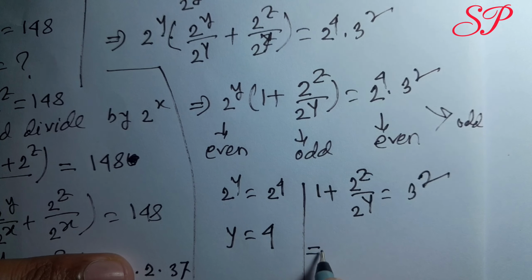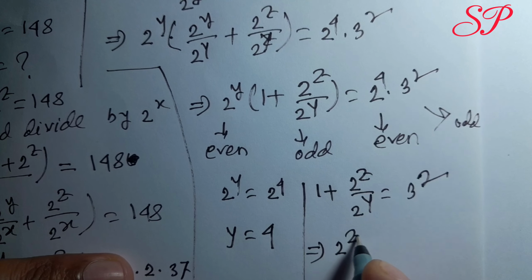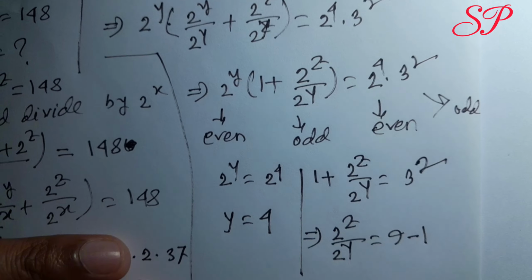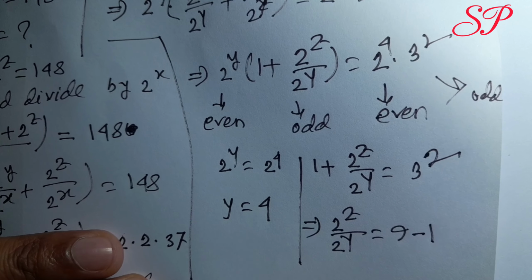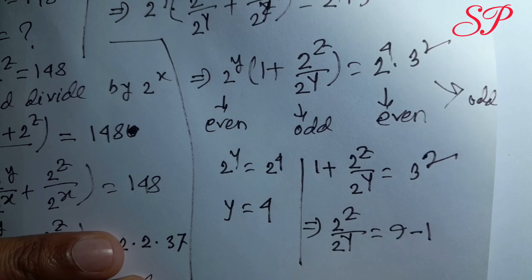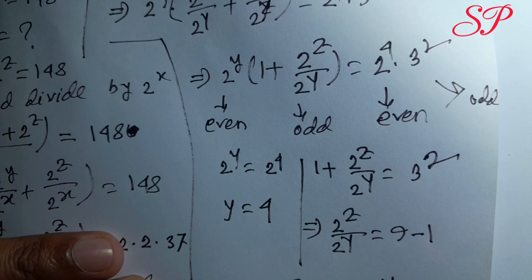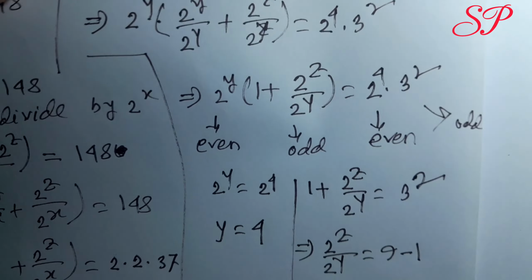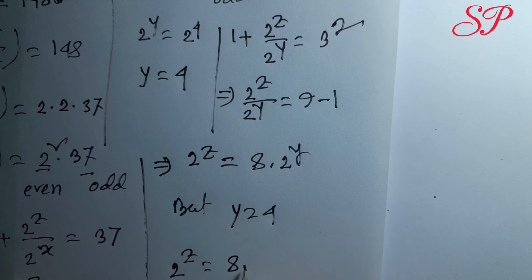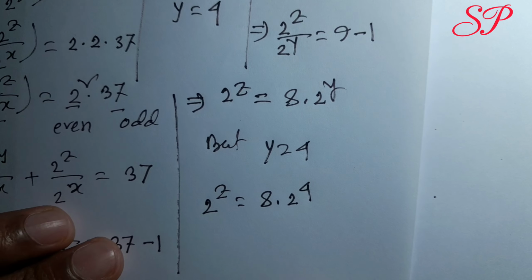Okay, then we can write 2^z by 2^y is equal to 9 minus 1. Now we can write 2^z is equal to 8 into 2^y, but y is equal to 4. So 2^z is equal to 8 into 2^4.